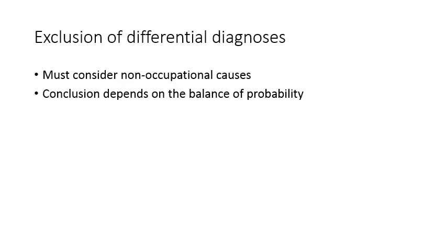Lastly, we must consider the possibility of non-occupational causes for all cases before we make the diagnosis of occupational disease. Occupational disease is a diagnosis of exclusion. However, sometimes we do make conclusion based on the balance of probability for difficult or controversial cases.